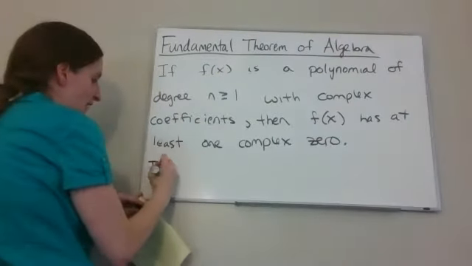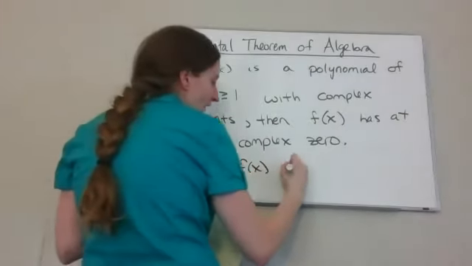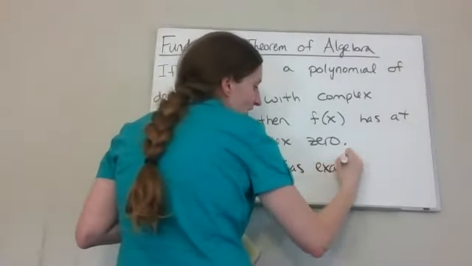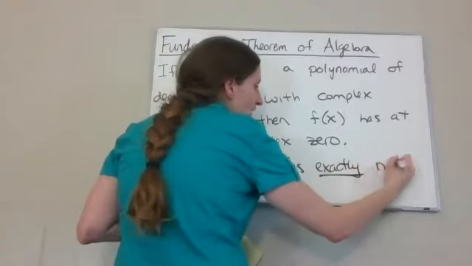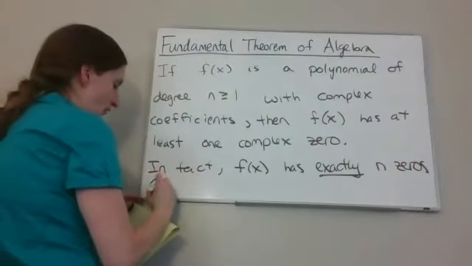And in fact, your f of x has exactly n zeros when we count with multiplicity.